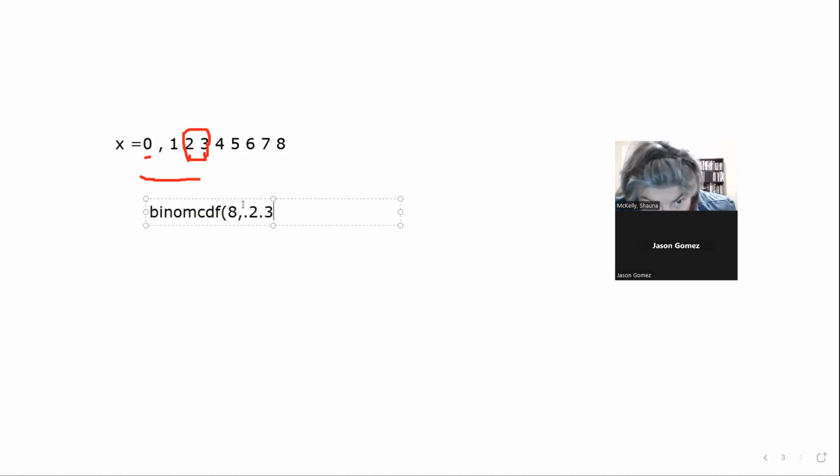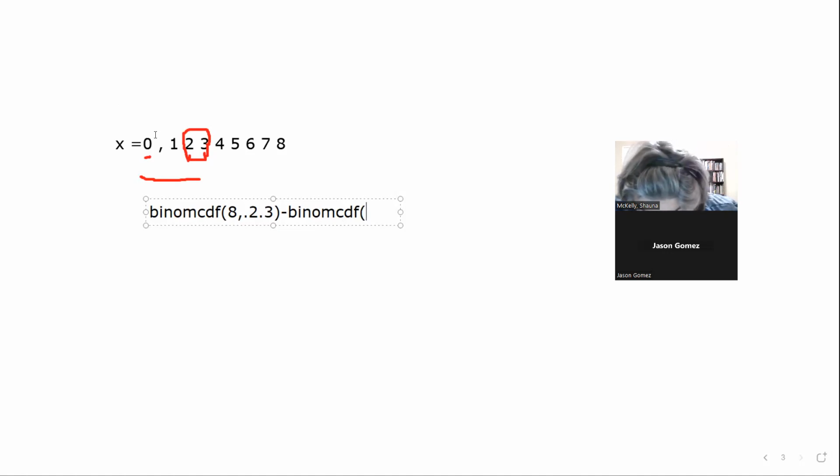But I don't want all of those. I just want 2 and 3. So I'm going to tell it, from the answer that you just gave me, I want you to subtract the ones that I don't want. And the ones that I don't want are 0 and 1.